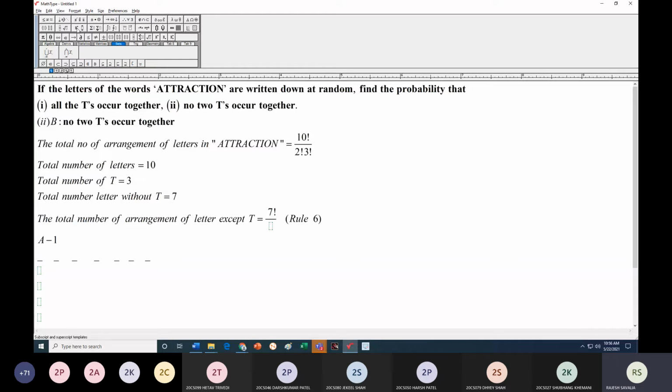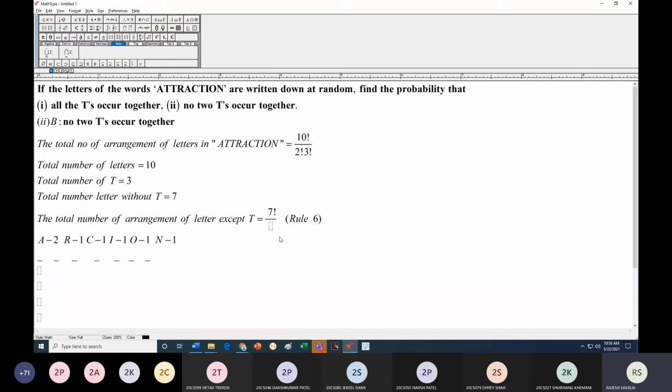We are not going to take T. A two times, R one time, C one time, I one time, O one time and N one time.